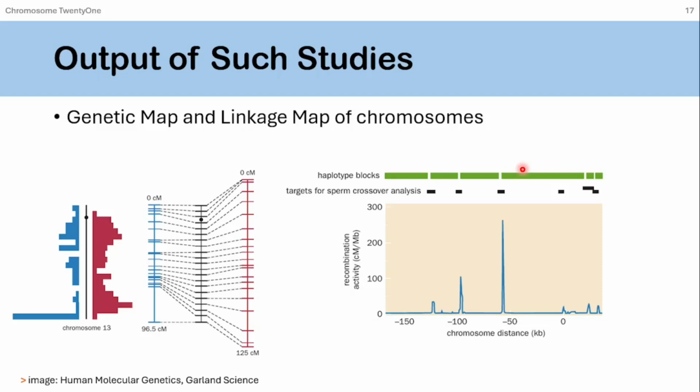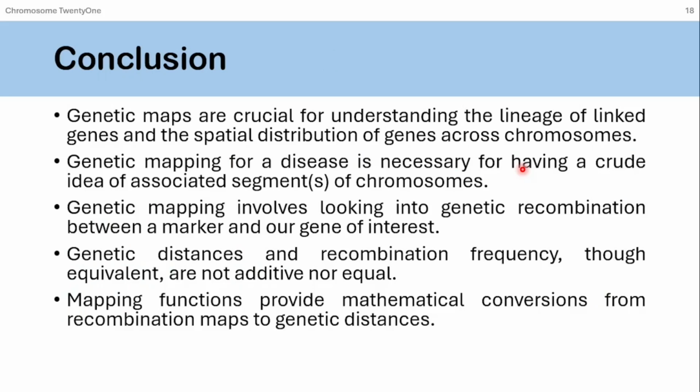So this brings us to the end of our presentation, and to conclude, what we have learned is that genetic maps are very crucial when understanding linkage and linked genes. So we want a spatial distribution of our genes on the chromosomes, and for that we have to create a genetic map.